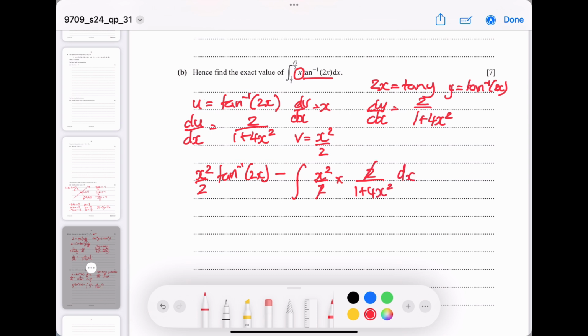Now, good thing is that our 2's cancel, but this still ends up as x squared over 1 plus 4x squared dx. So we need to integrate this part.